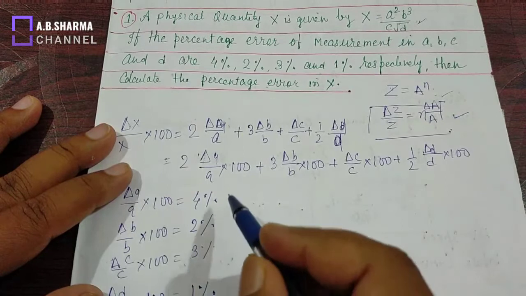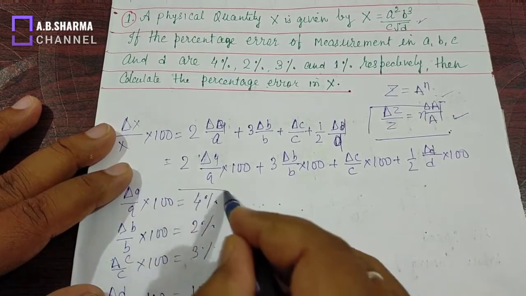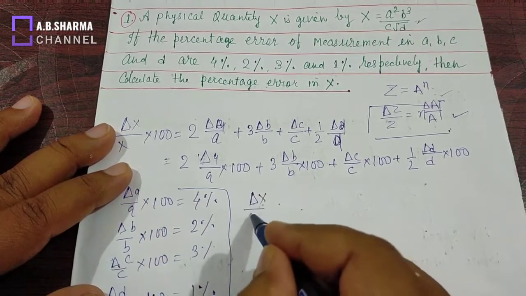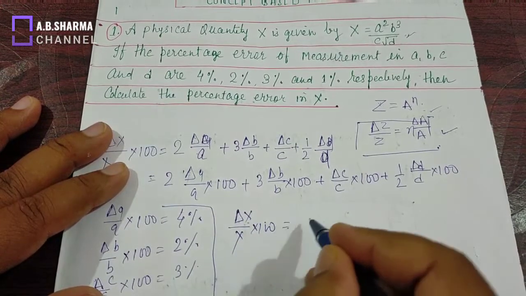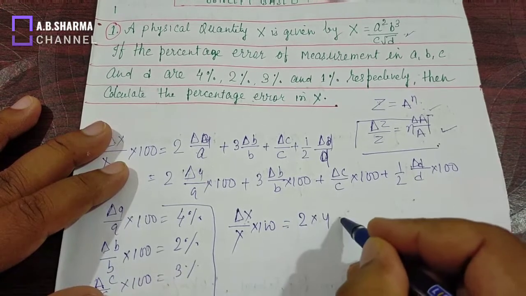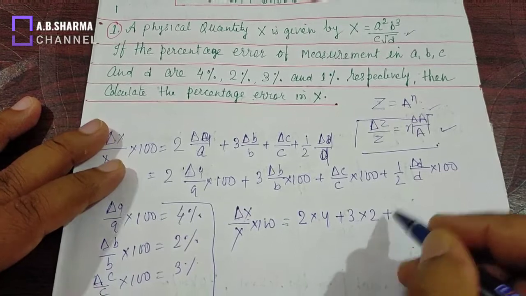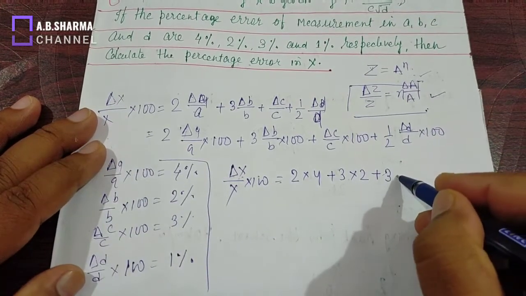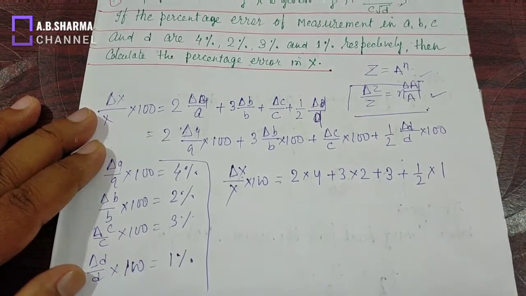Now we will put the values. So delta X upon X into 100 will be 2 multiplied by 4, 3 multiplied by 2, plus 3, plus 1 over 2 multiplied by 1.